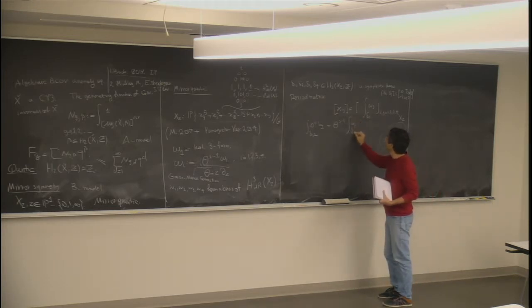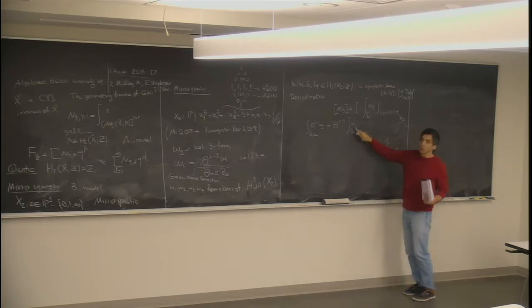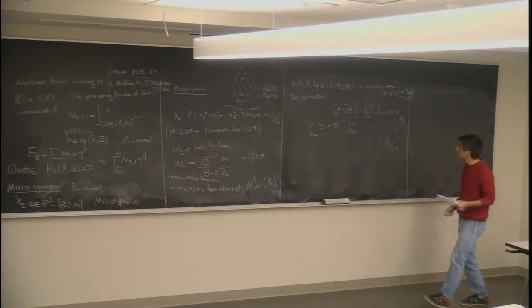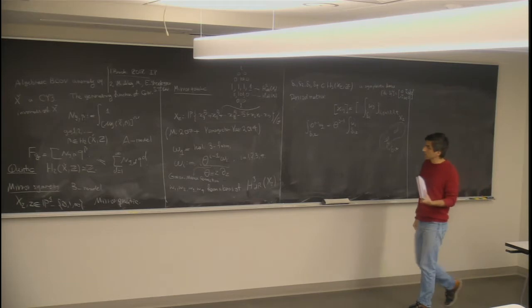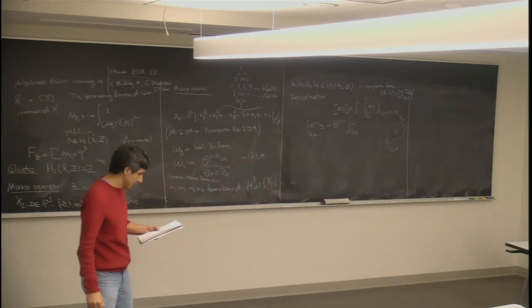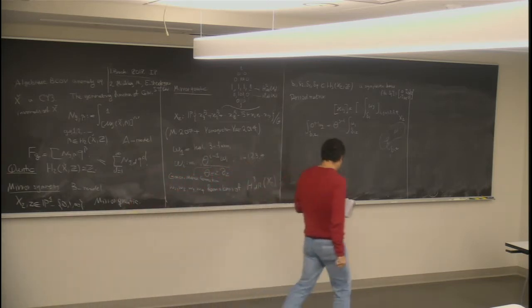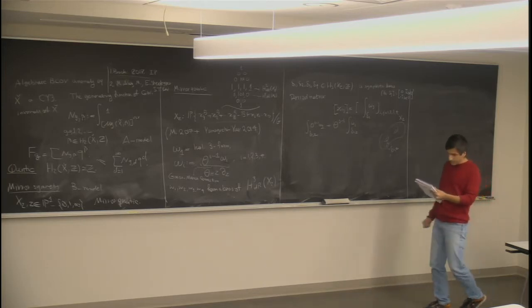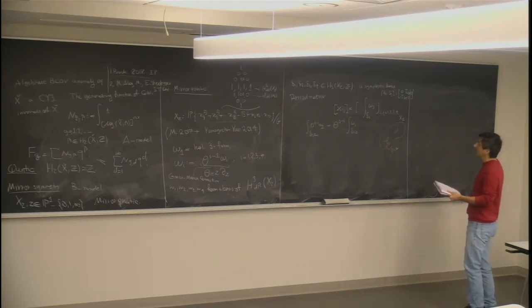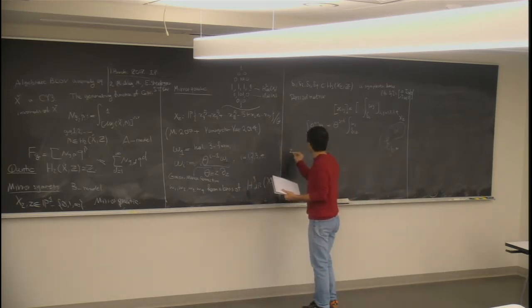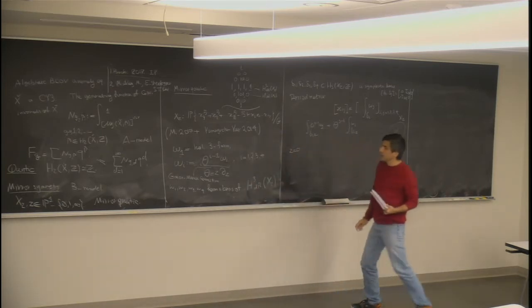Okay, so I will need these 16 periods. Maybe I have to tell you that z equal to 0 is called the maximal unipotent monodromy point.